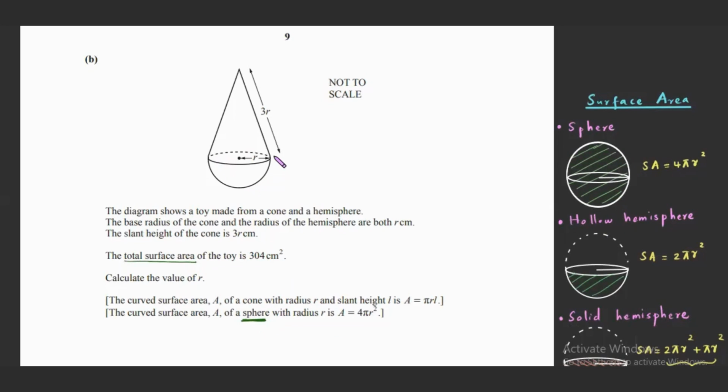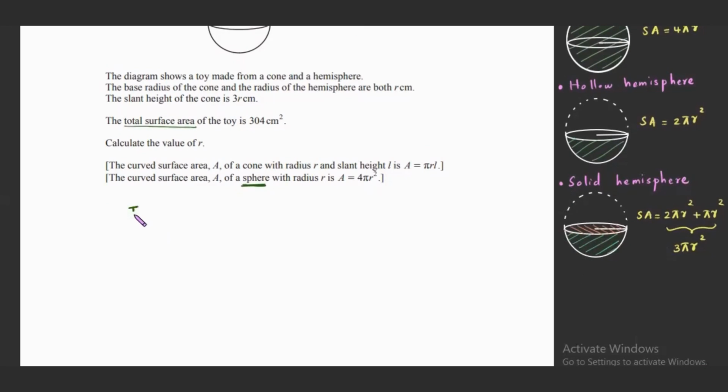But the shape in the diagram is a hemisphere, which means if we are to calculate the total surface area of this toy, we need to find the curved surface of the cone. So the curved surface of the cone should be added with the hemisphere.